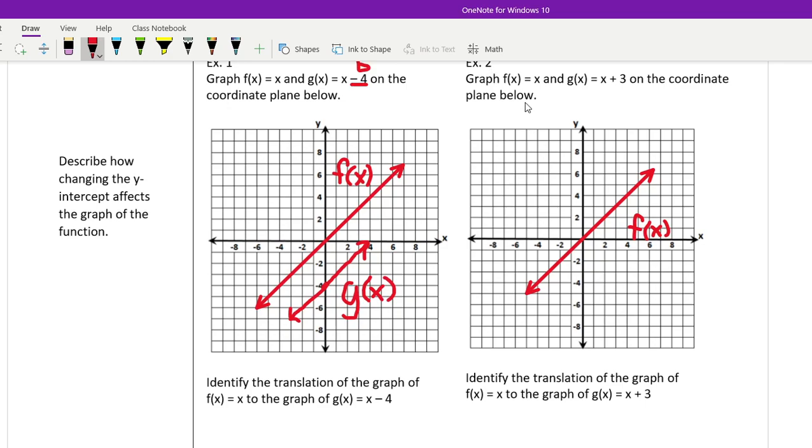On our example 2, we have the same setup where it wants us to graph our f of x first, which I already did. And now it wants us to go up to a y-intercept value of 0, 3. So yet again, we still have the same slope. Trying my best to keep a straight line.